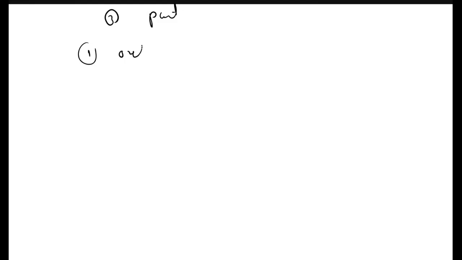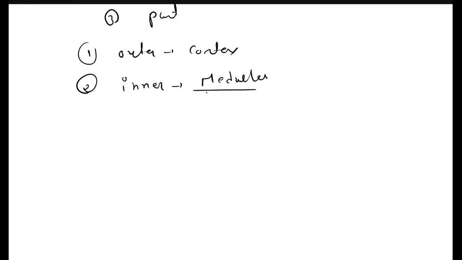So basically, the kidney is divided into three portions. First, the outer portion is the cortex. Second, the inner portion is known as the medulla. What is the characteristic of the medulla? It contains 7 to 8 medullary pyramids.